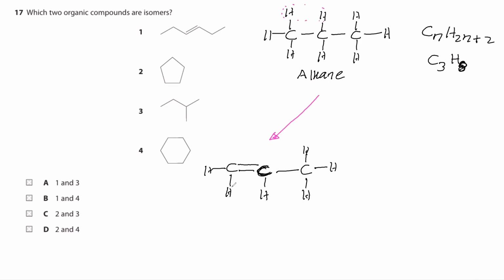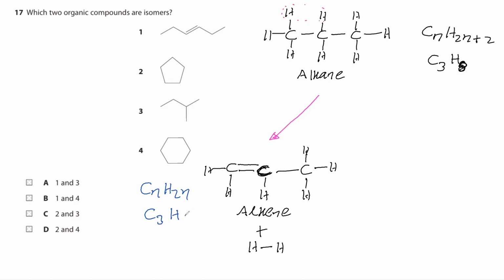So when an alkane turns into an alkene, they lose a hydrogen molecule. And their general formula is CnH2n.